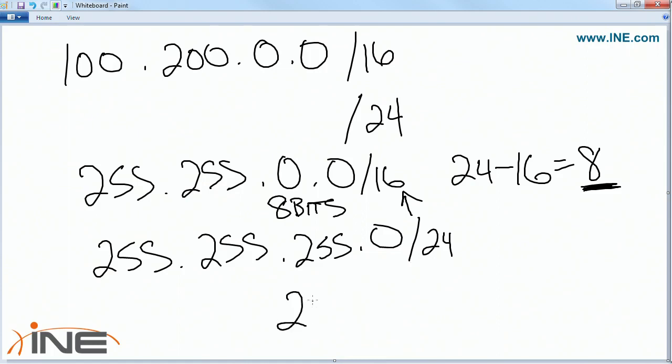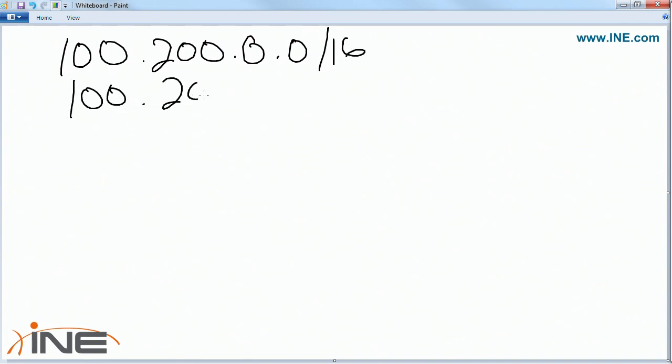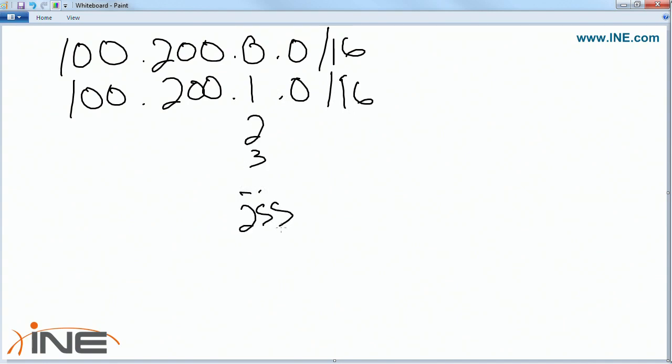So if we were to take 2 to the 8th, which is 256, it means that including 0, I have the possible ranges of networks that would go from 100.200.0.0/16, 100.200.1/16, all the way up to 255. So now I have 256 extra networks that I made out of this one original subnet.